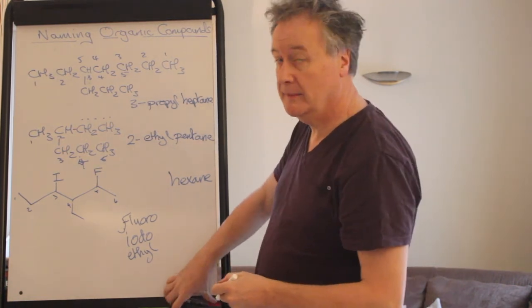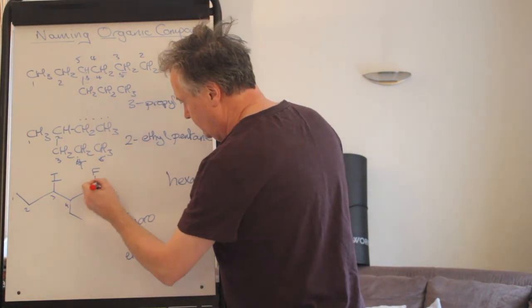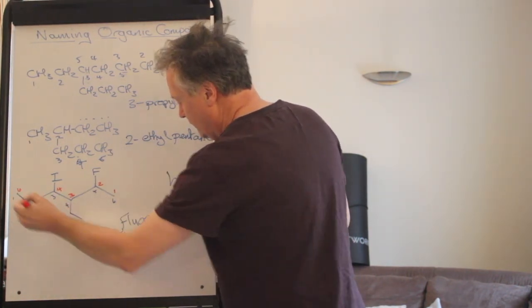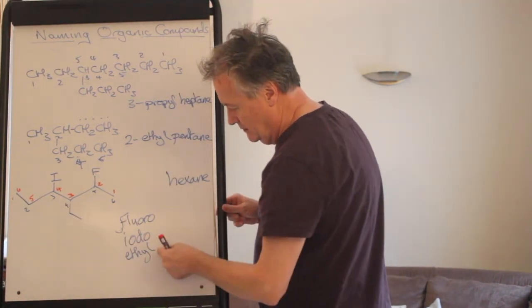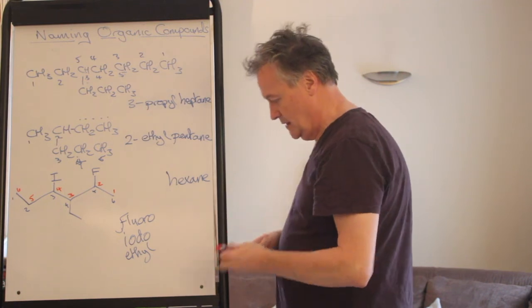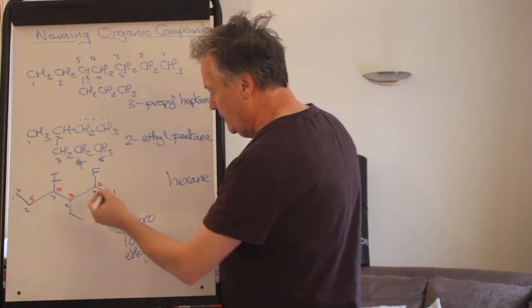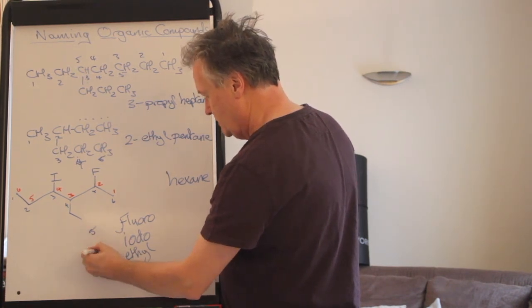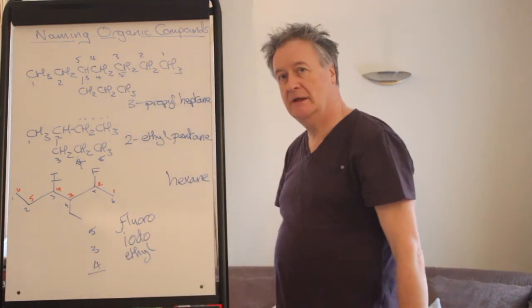I'll pick up a different colour pen, hold on. So 1, 2, 3, 4, 5, 6. So those 2 carbons there are the ethyl there. So if you go in with the blue numbers, the fluoro is 5, the iodo is 3, and the ethyl is 4. And you add that lot together, you get 12.